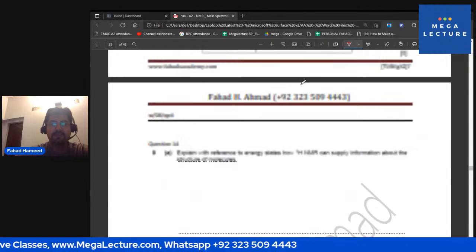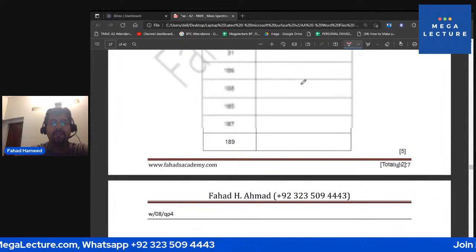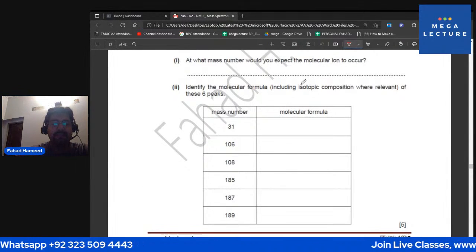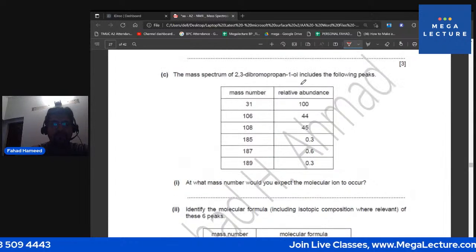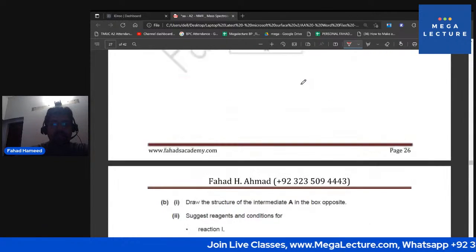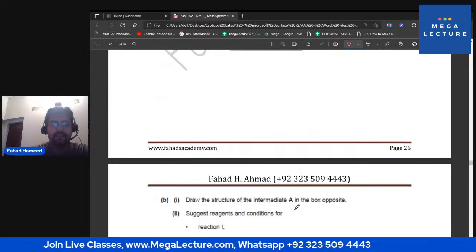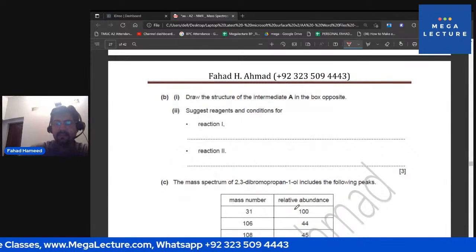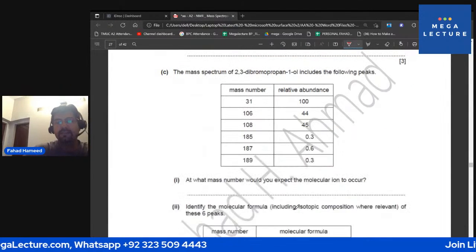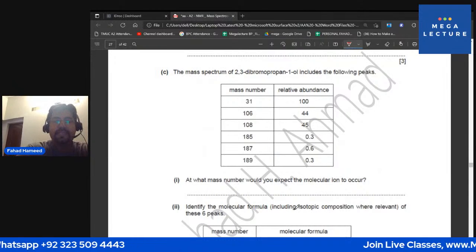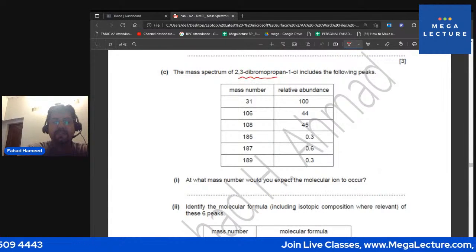So the question is now going to be focusing on fragmentation. Here's one. They're saying, draw the structure of the intermediate A. Let's focus on this question. There's a molecule which is 2,3-dibromo-propan-1-ol.